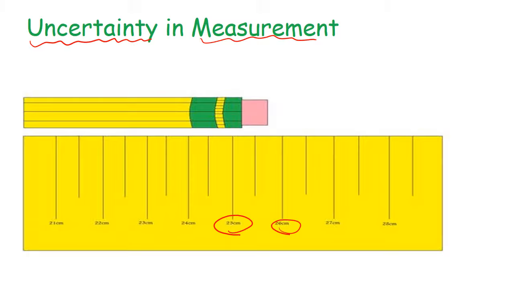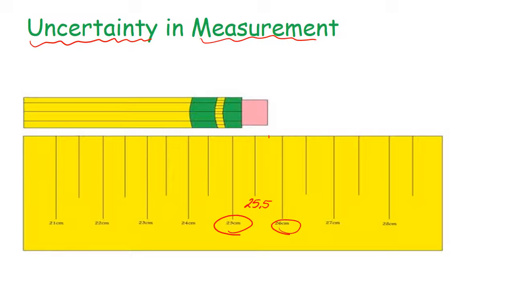I can even say with a pretty certain level that this pencil is greater than even 25.5 centimeters. But I'm not exactly sure where it falls. I think it might be right about there, somewhere between 25.5 and 26.